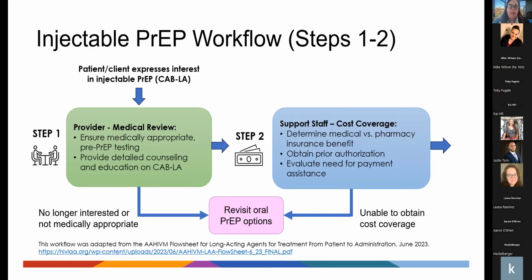So if you go through all these steps and you can't get to a financing option that works, you may need to revisit oral PrEP options. Likewise, if you present all the options to a patient from the provider standpoint, and they're either no longer interested or there's a condition or a potential adverse effect or lab test that makes it not medically appropriate, you might need to go back to the oral PrEP options.